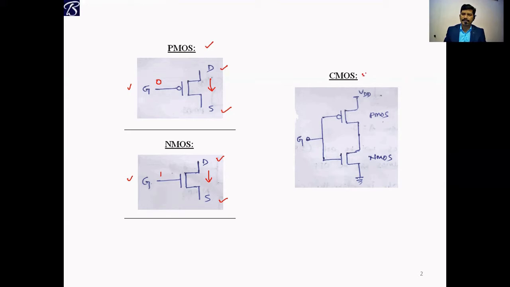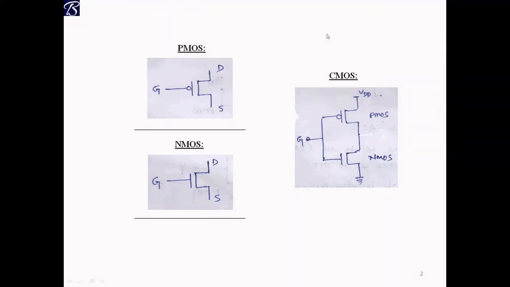Coming to CMOS, complementary MOS, you just combine PMOS and NMOS. This is PMOS and this is NMOS. That means both gates should be connected and these 2 points should be connected. It acts as an inverter.